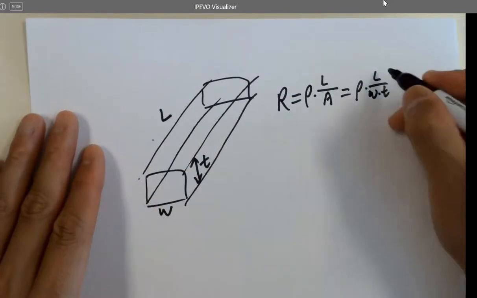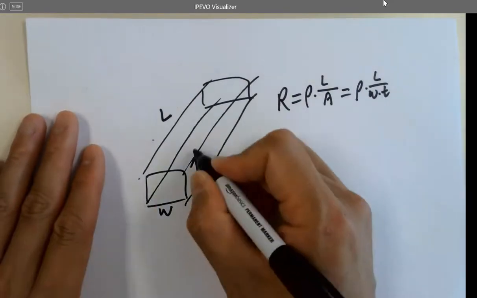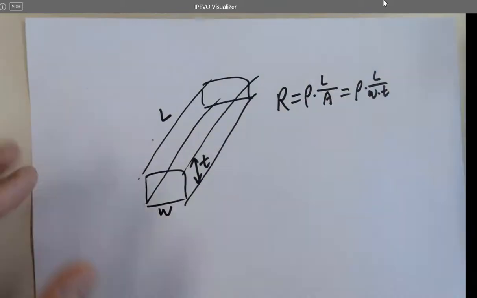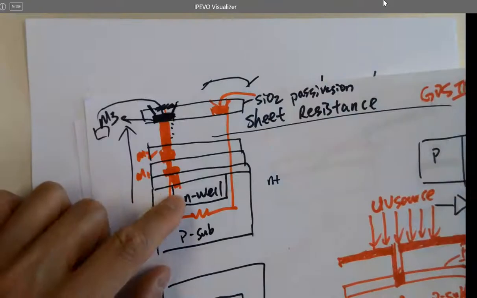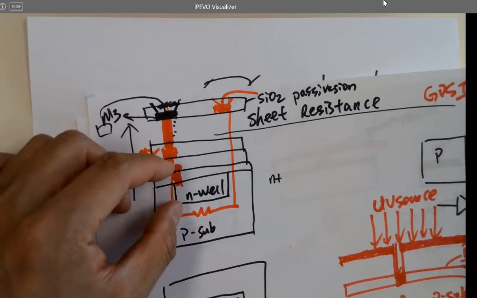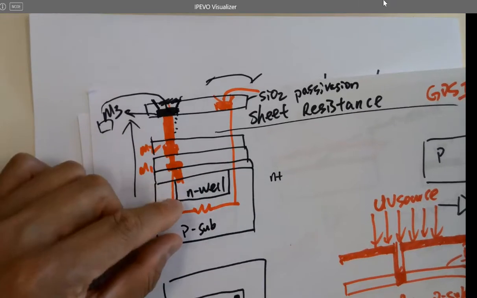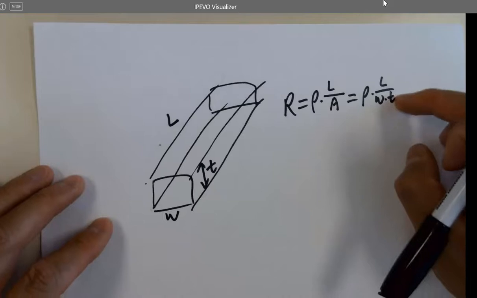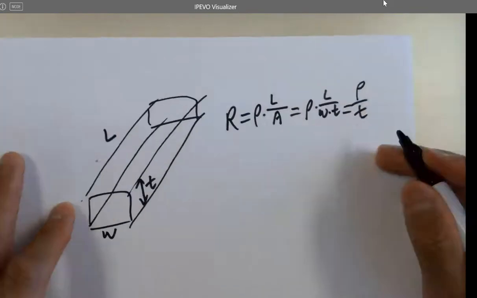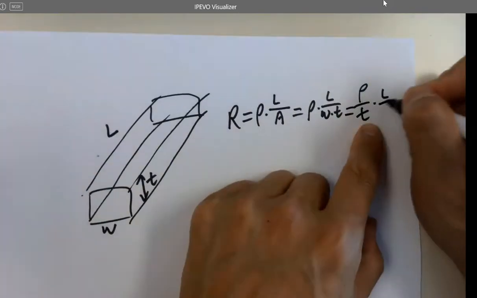Because you can't really change T, it depends on the process size. They deposit that n-well following a certain process size in the foundry, so it's going to be a certain thickness. It's not changing. So rho and T are constants, and only L and W are changing.